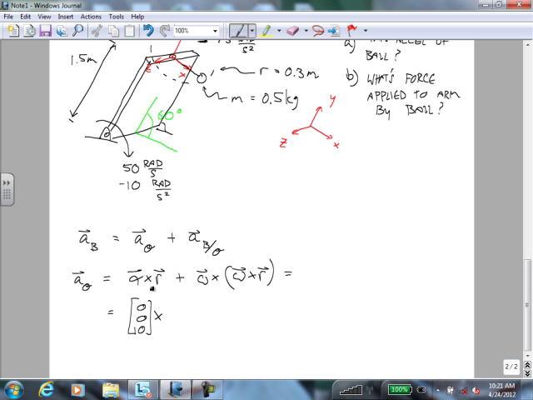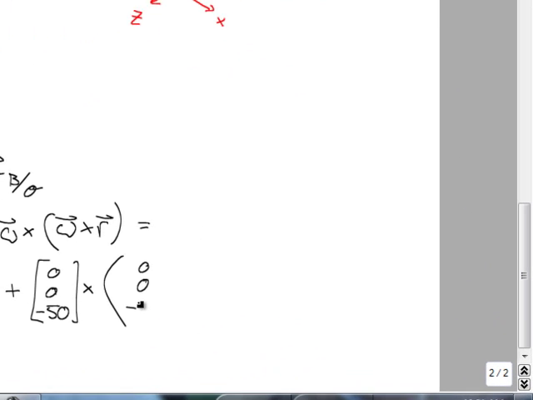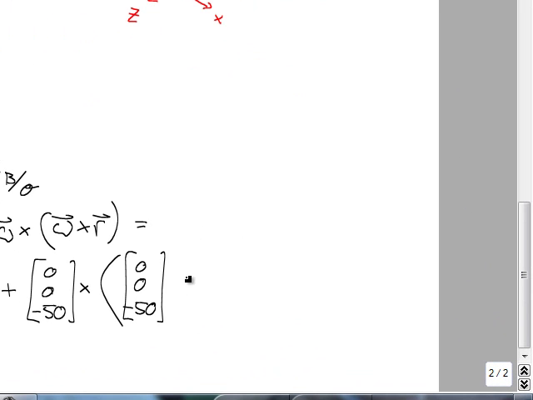So yeah, just 0, 1.5, 0. And then omega is 0, 0, negative 50, crossed with 0, 0, negative 50, cross 0, 1.5, 0.